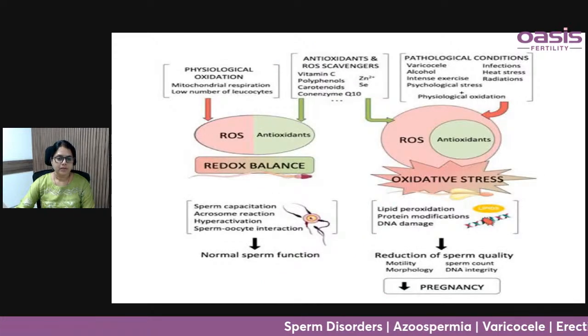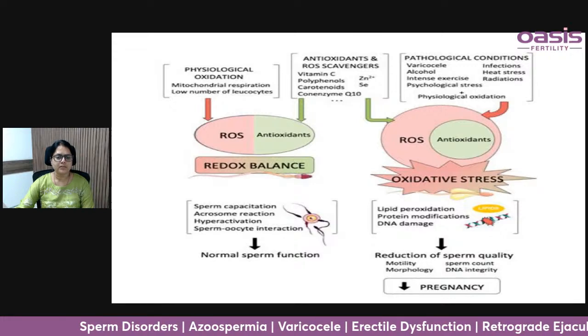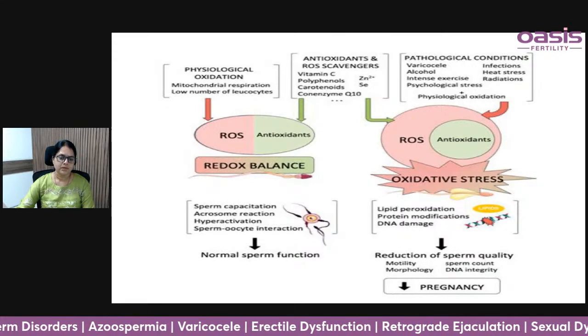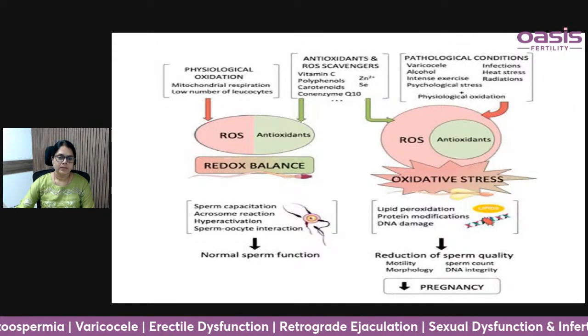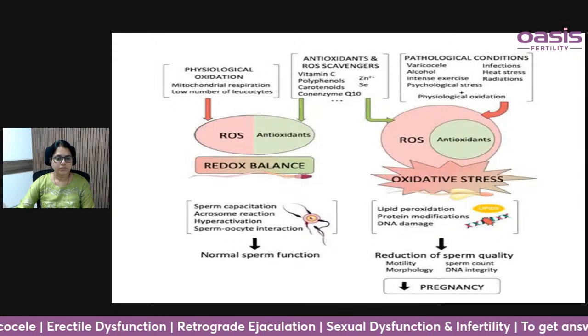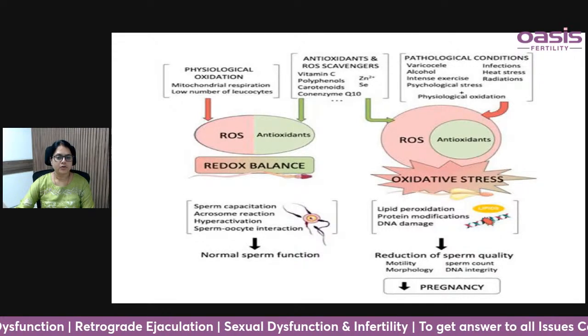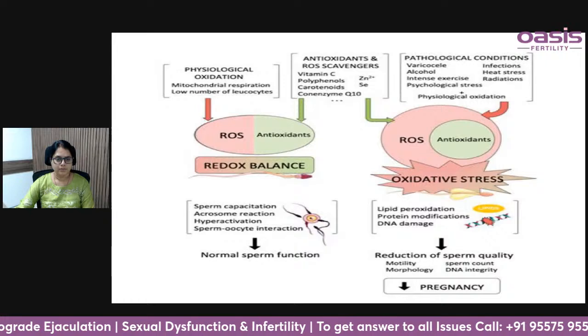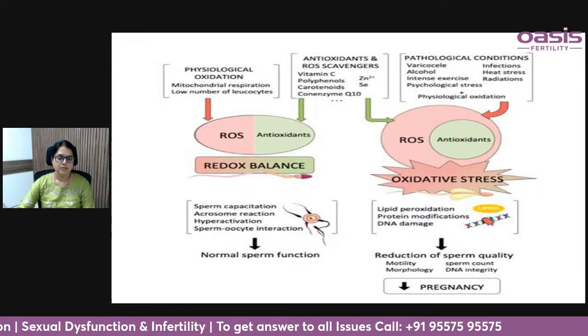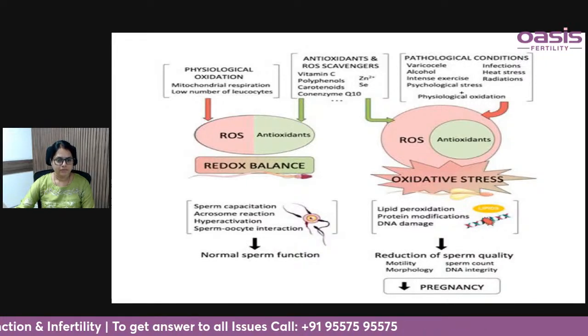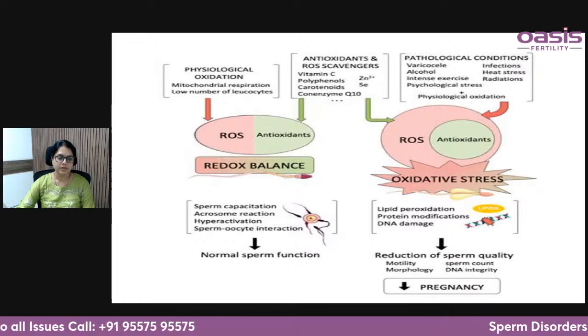What causes sperm DNA damage? That is mainly in normal sperm. If the sperm has a normal function, it means that reactive oxygen species and antioxidants in the sperm are maintaining the sperm function. The sperm function means sperm capacitation, acrosome reactions, hyperactivation, sperm oocyte interactions.